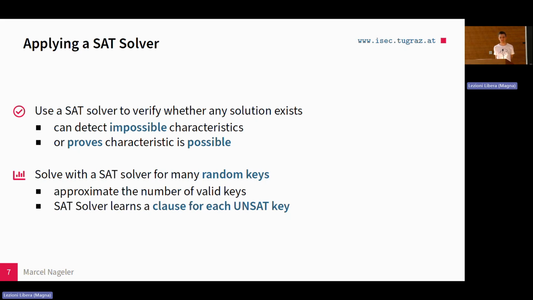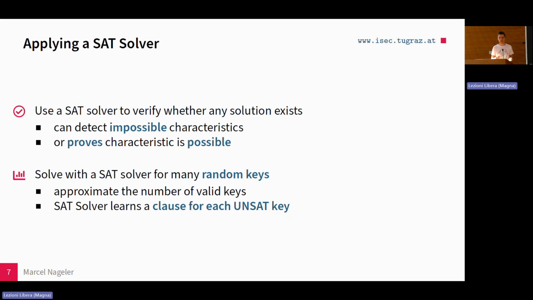One interesting thing you can do with a SAT solver is this: if you call the SAT solver the correct way, specifying the key that you're constraining as a set of assumptions, which are initial decision variables for the SAT solver, then if you have a key that leads to an unsatisfiable result, the SAT solver can give you a so-called conflict clause.